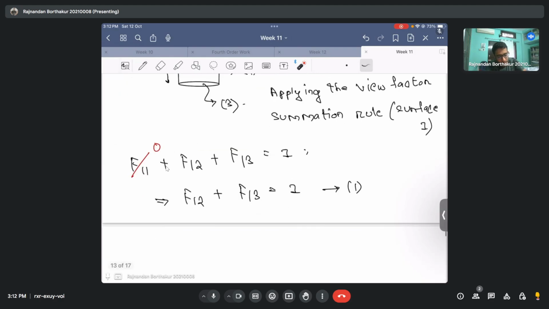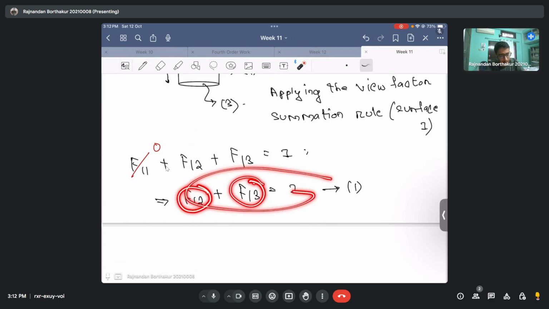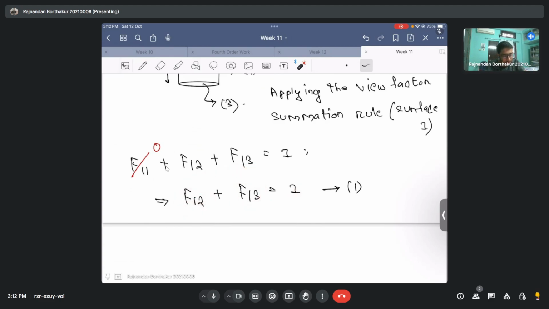So we'll first figure out F13, and then using the summation rule we'll figure out F12. And if these are known, F21 can be easily obtained from the view factor reciprocity relation. Okay, so we'll do that.